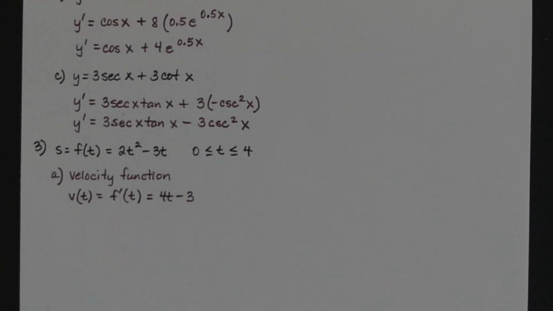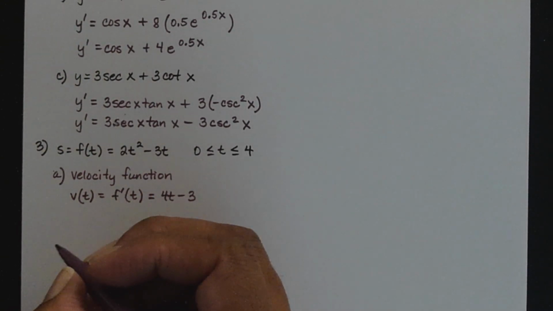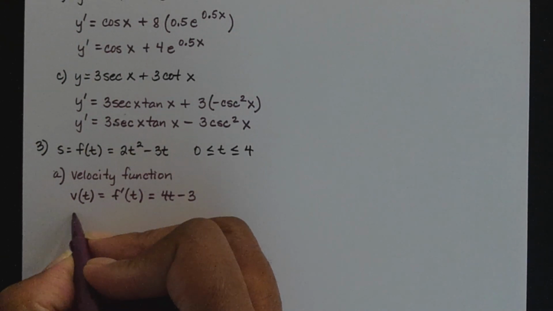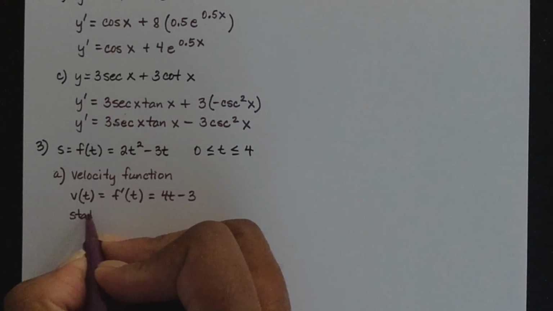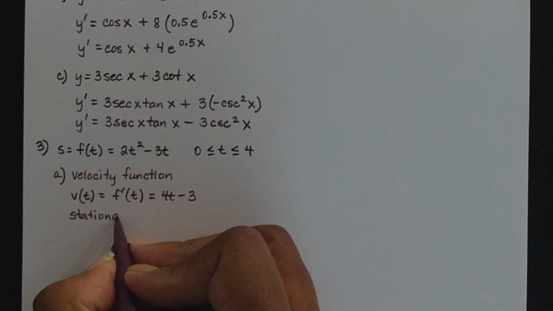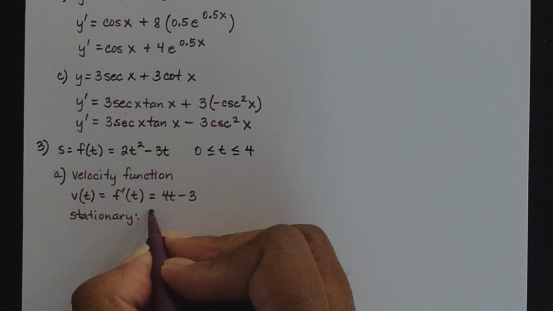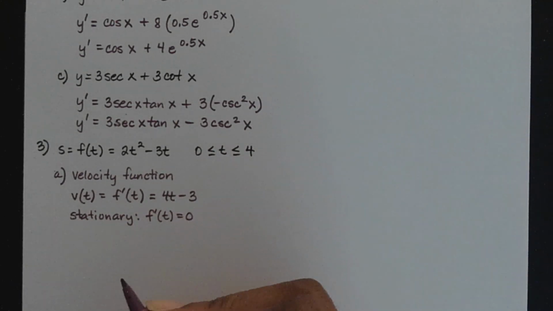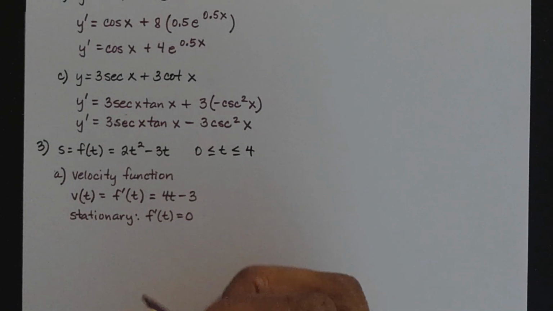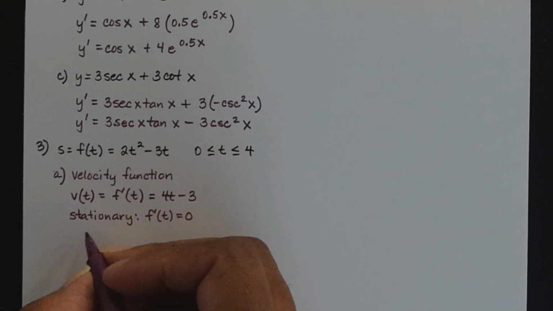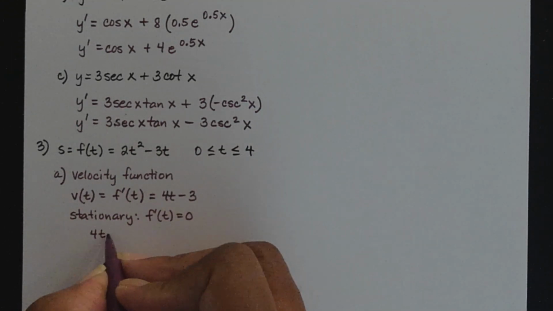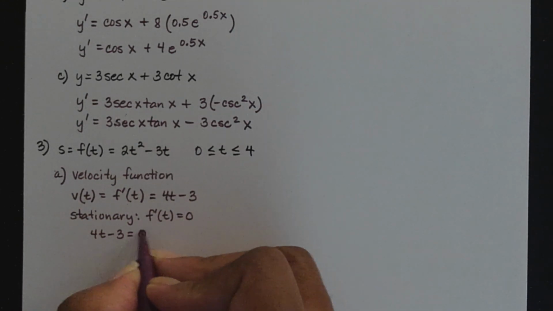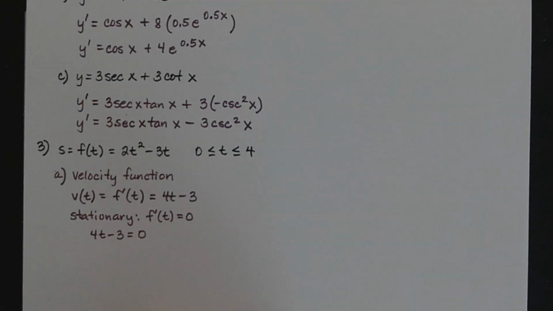And then they ask the question, when is the object stationary, and moving to the right and moving to the left. All right, for it to be stationary, that means that your first derivative has to be equal to 0. And f prime of t was 4t minus 3. So we need to set that equal to 0 and solve for t.